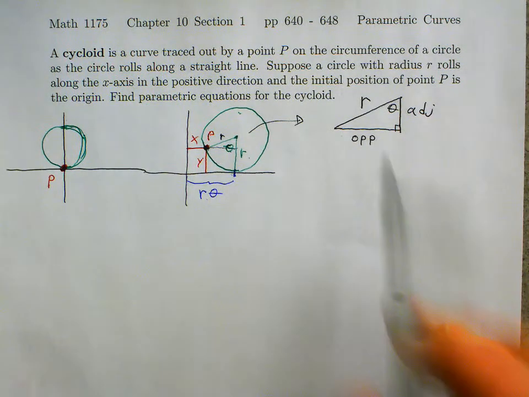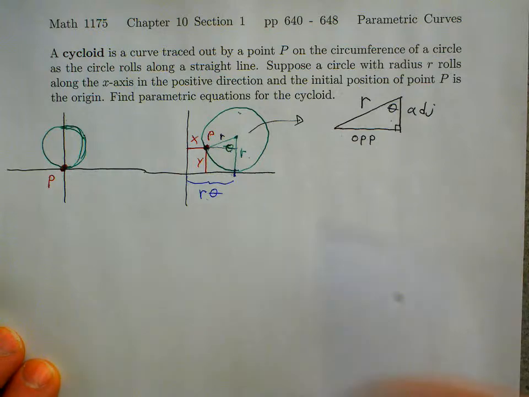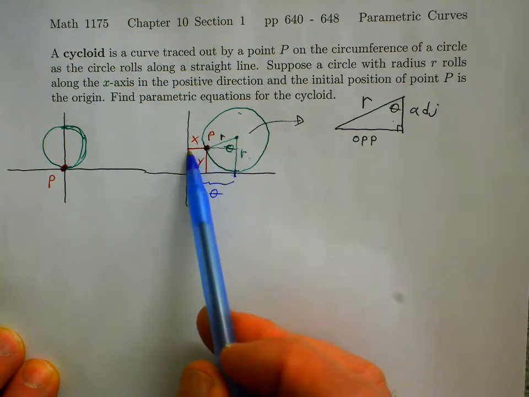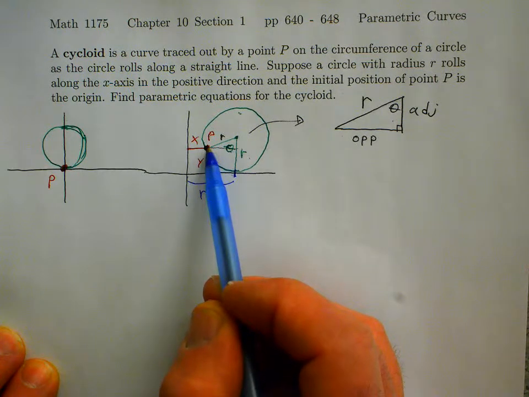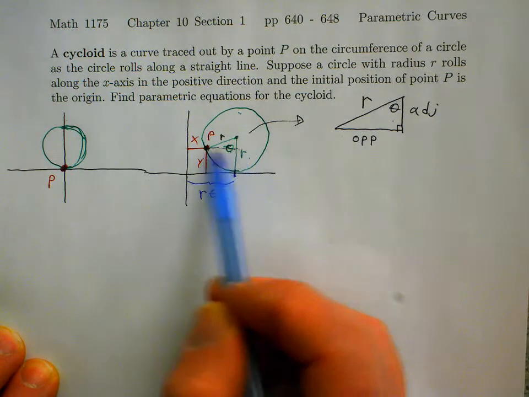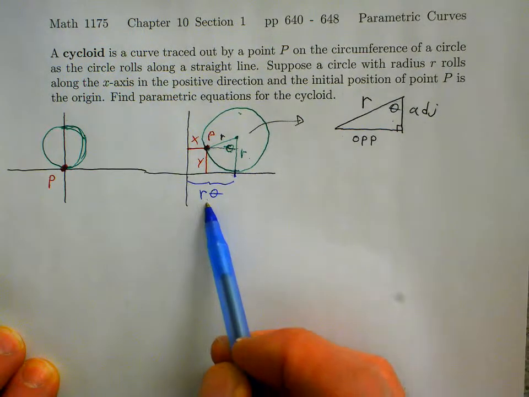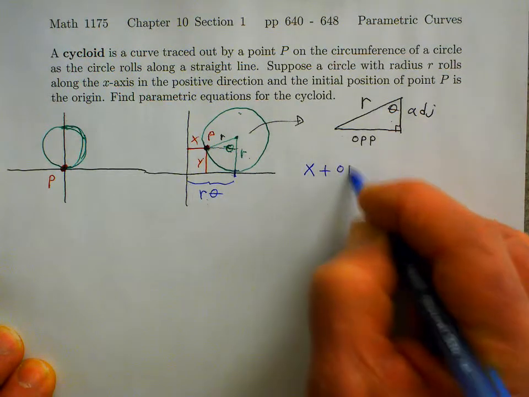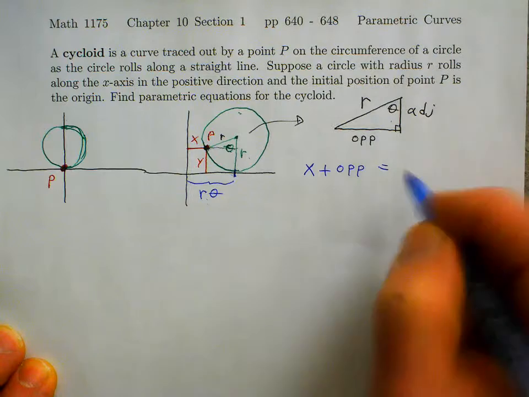We'll come back to this right triangle in a couple of minutes. But notice what we have. If we add x to the length of the opposite side of that triangle, that's equal to r theta. So we can write x plus the opposite side of this right triangle is equal to r theta.